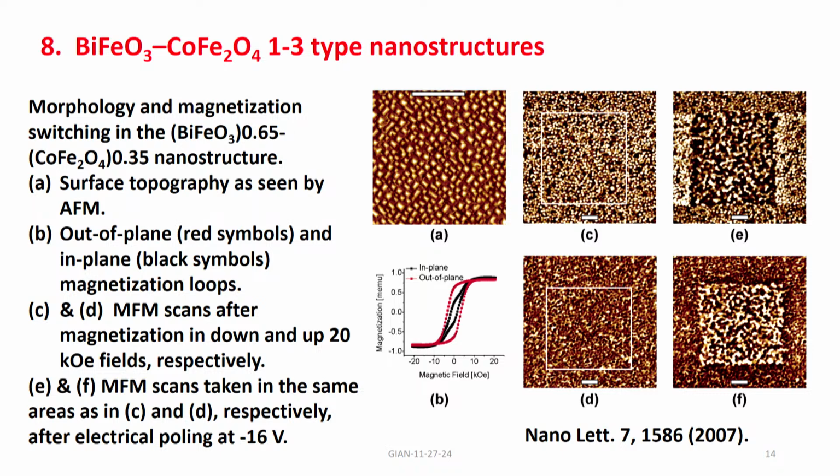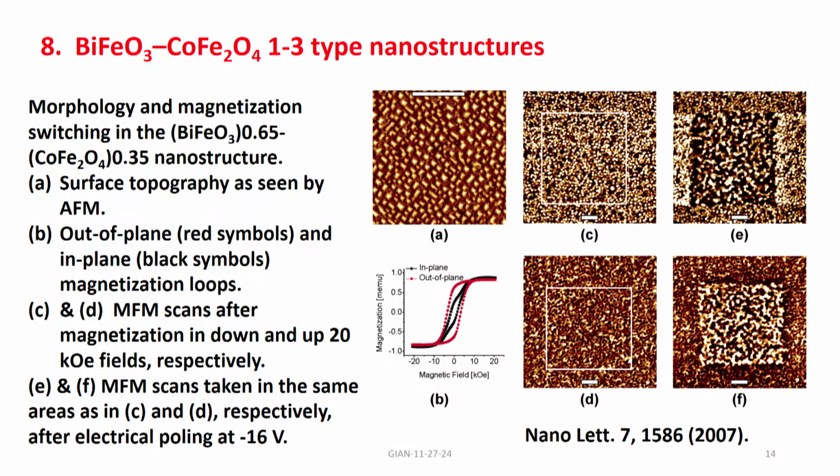So, there is a change in the domain orientation, and you can see that very clearly in these two pictures, the change. And here what they did was, under this condition with the 20 kilo-oersted field, they also applied a voltage or an electric field that led to a switch in the domain orientation. In this rectangular part, you can see the bright spots turning into dark ones.